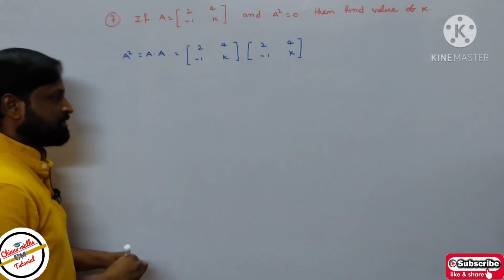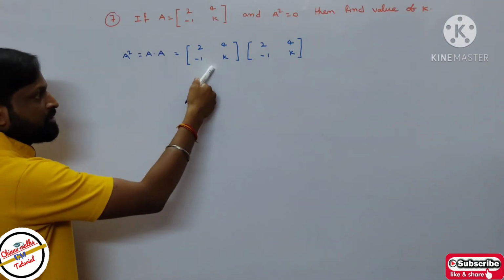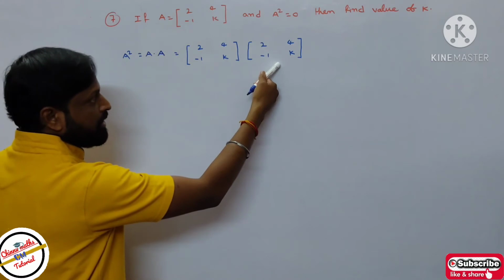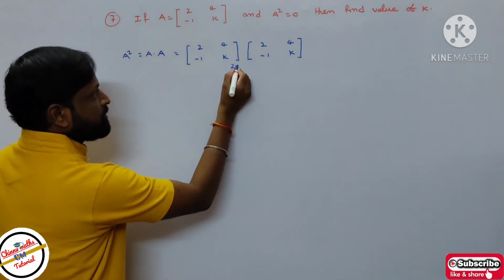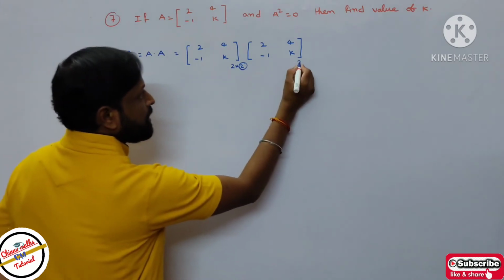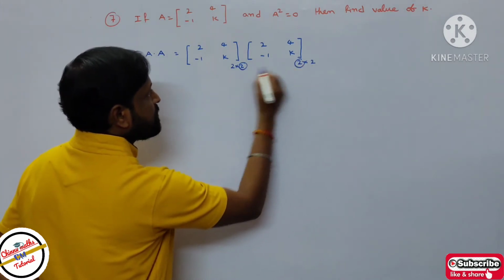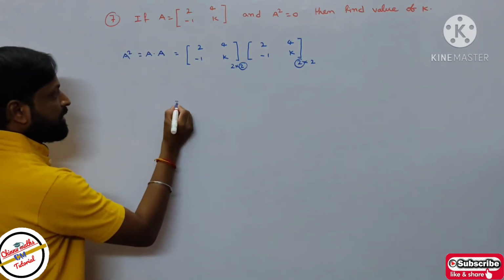Then the condition is satisfied. The number of columns in the first matrix is equal to the number of rows in the second matrix. It is 2 by 2, again it is also 2 by 2. So both are equal. Then you can write the product.